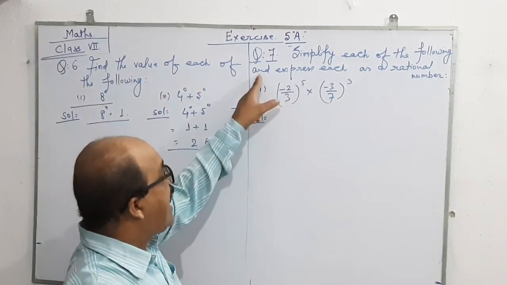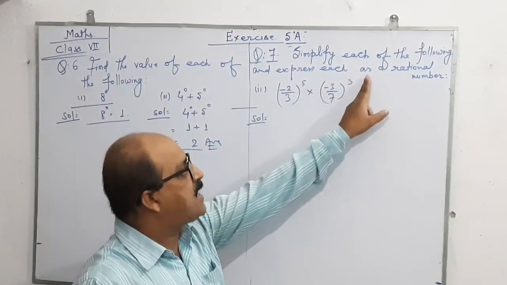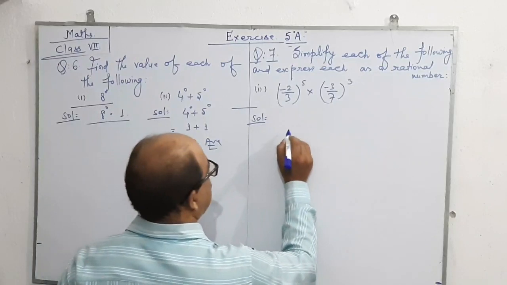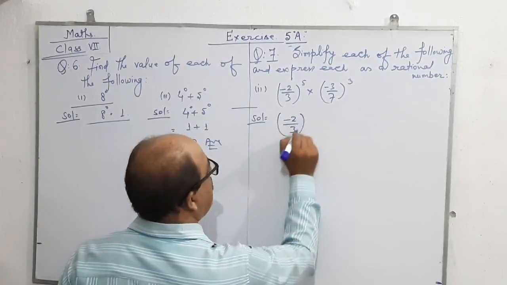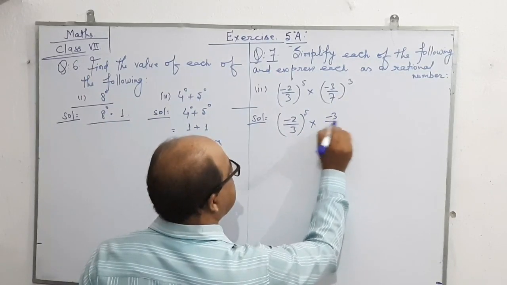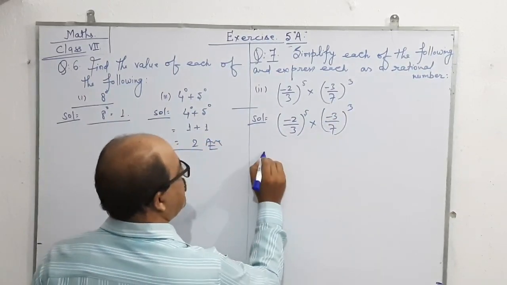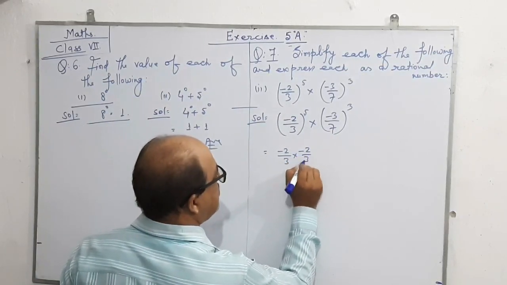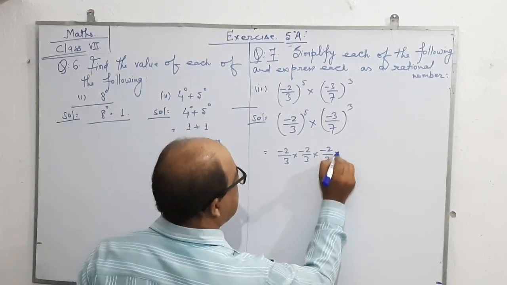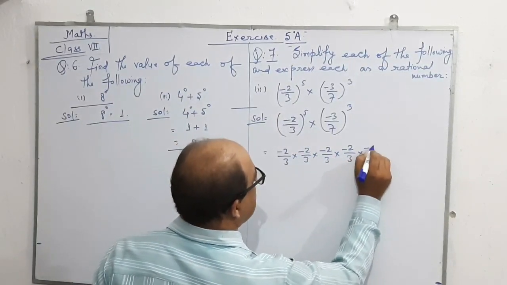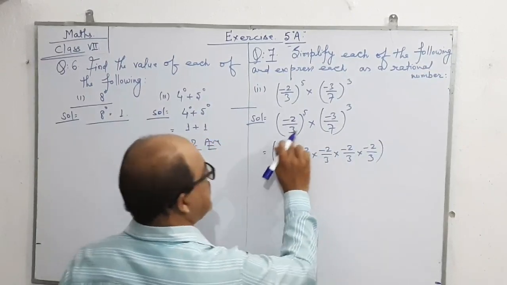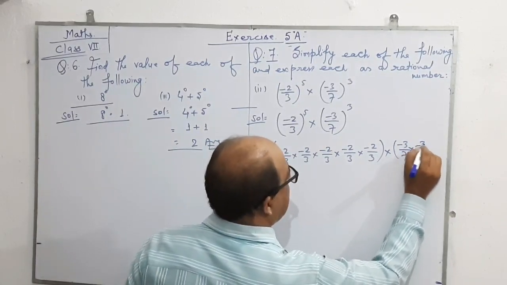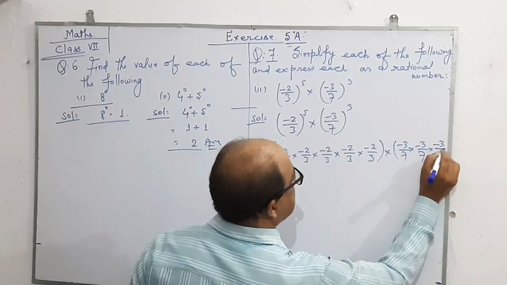simplify each of the following and express each as a rational number. Here we have to simplify (minus 2 by 3) to the power 5 into (minus 3 by 7) to the power 3. Here minus 2 by 3 into minus 2 by 3 into minus 2 by 3 into minus 2 by 3 into minus 2 by 3 is written, and again minus 3 by 7 into minus 3 by 7 into minus 3 by 7.